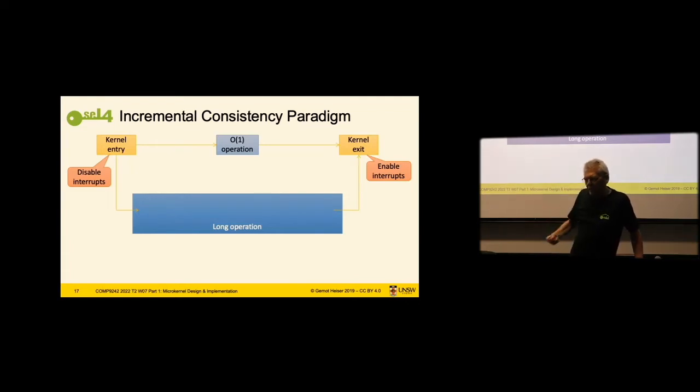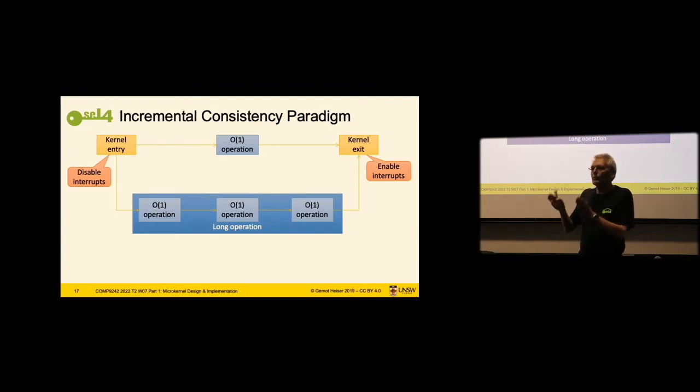If we have a long-running operation that's not bounded by any sort of halfway reasonable bounds, then the idea is we break this down into individual bounded O(1) operations, and ensure that the kernel is in a consistent state afterwards where the operation can be just restarted.